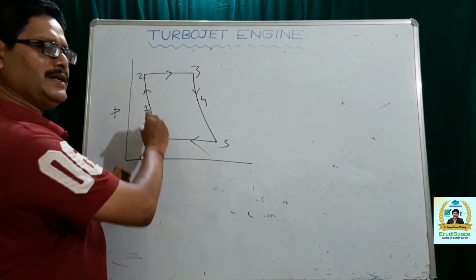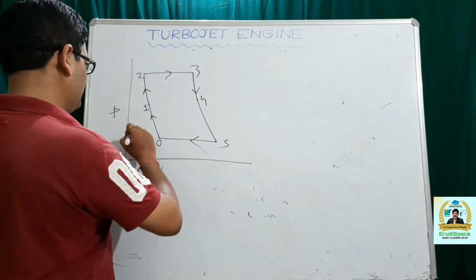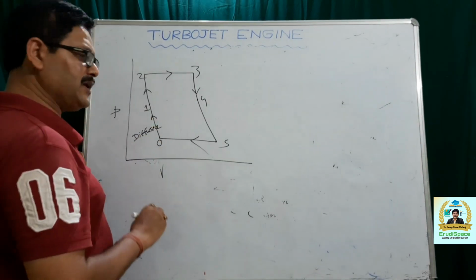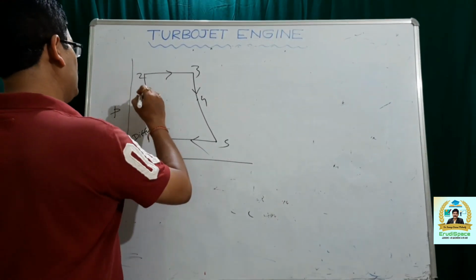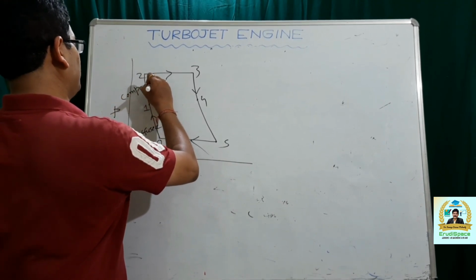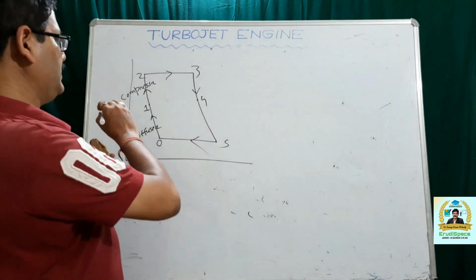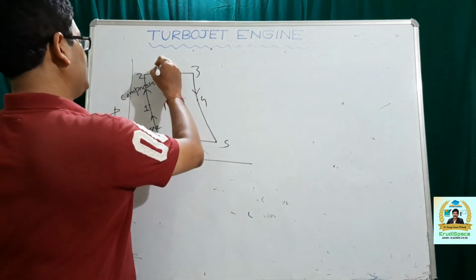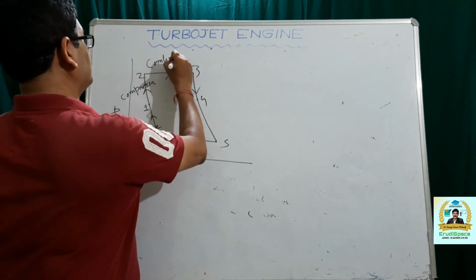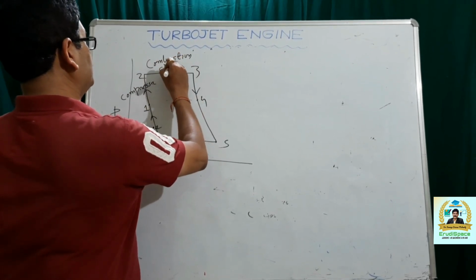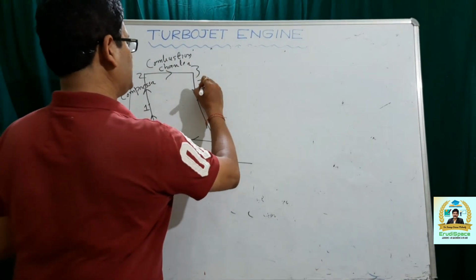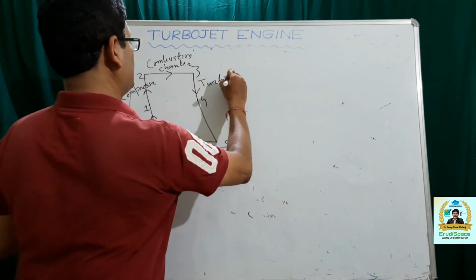So 0 to 1 represents what is happening in the diffuser. That is nothing but your ramped compression. Then 1 to 2 is taking place in the compression. 2 to 3 is taking place in the combustion chamber. 3 to 4 is what is taking place in the turbine.